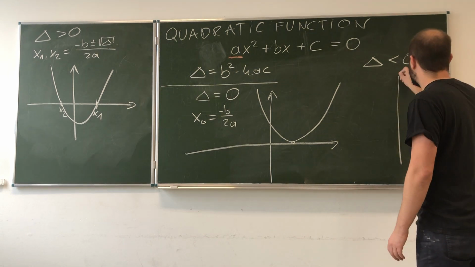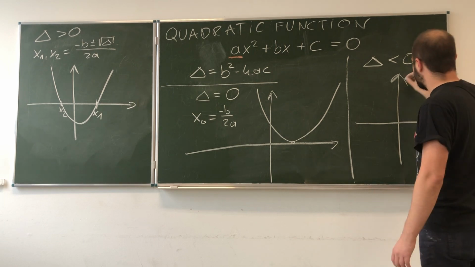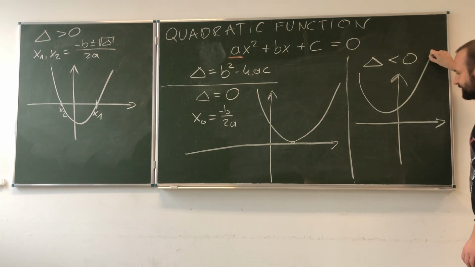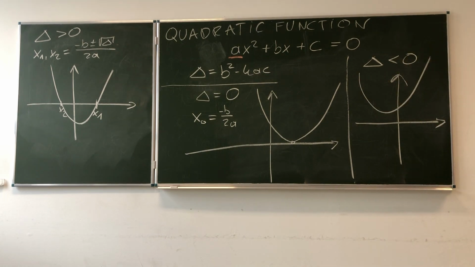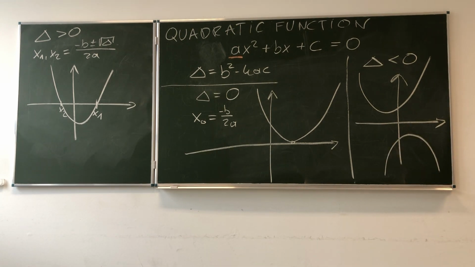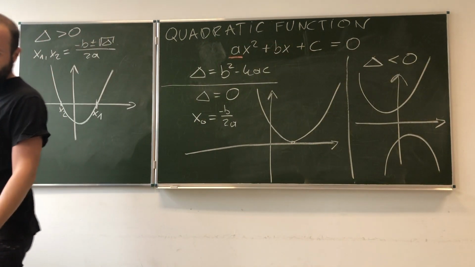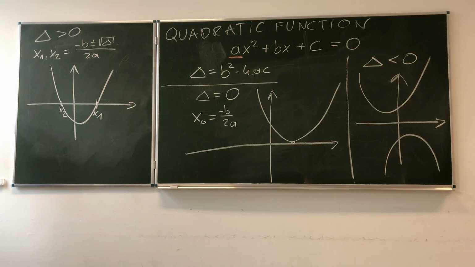So, in this case, the parabola will not have 0 places. So it will either look like this with positive a, or like this with negative a. Okay, so look, that was the second step we needed to take in order to draw the parabola properly.